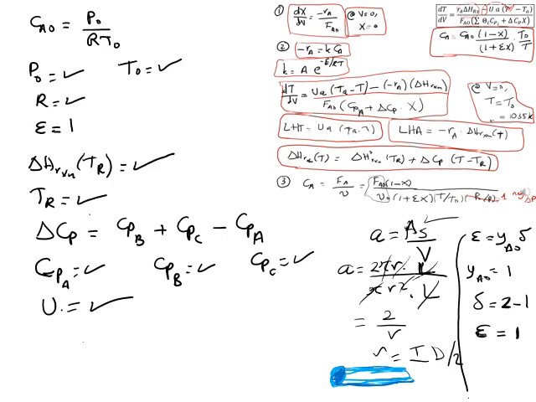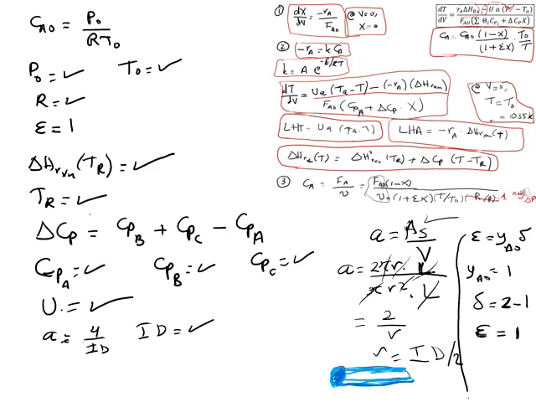So let me provide this equation for A as well. A equals 4 over the inner diameter, where the inner diameter is known. Okay, that's about the localized heat transfer.